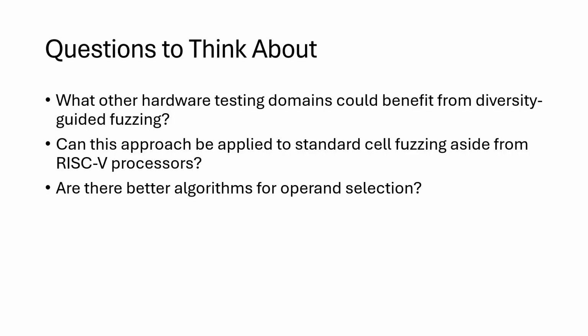Otherwise, can this also be applied to other architectures other than RISC-V? And then lastly, are there better algorithms for operand selection? Is the way they're selecting diversity and reducing repetition in DiveFuzz the optimal way, or is there some other way that is better than what was explored here?